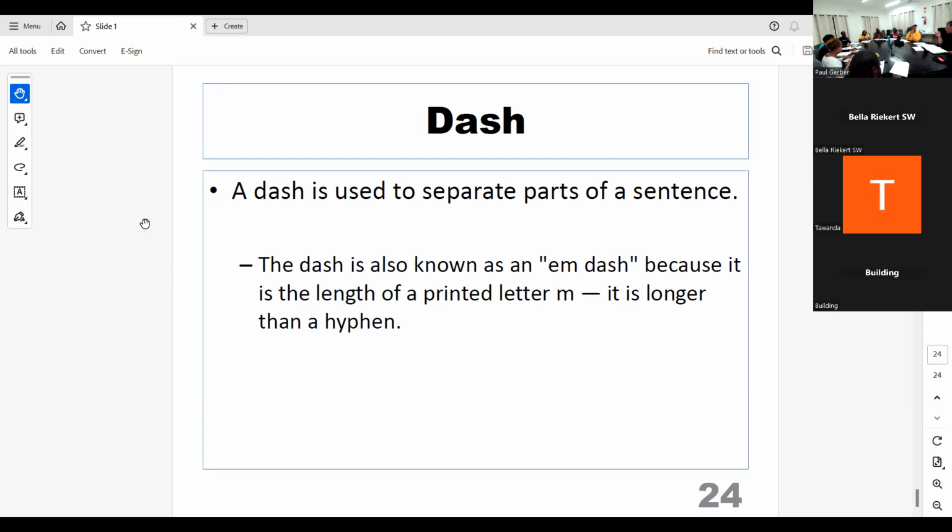So blue-green, the hyphen will come in between there. We use it to link words to create compound words. For example, mother-in-law, right? Mother hyphen in hyphen law. That's where it comes in between.